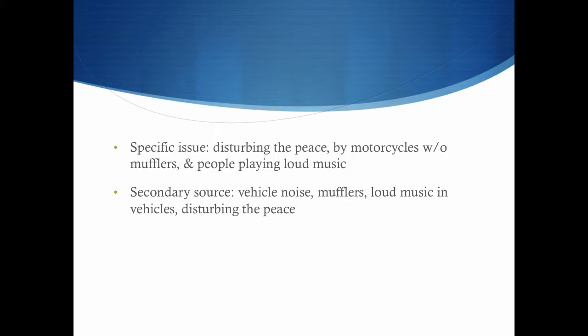You're going to use secondary sources for things like vehicle noise, mufflers, loud music in vehicles, disturbing the peace, all of those kinds of things. Because unless you're a police officer, you really don't have a good working knowledge of what all these mean.